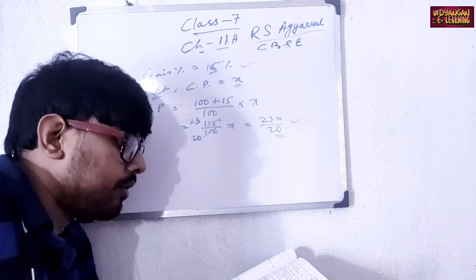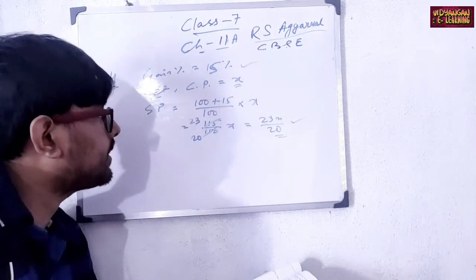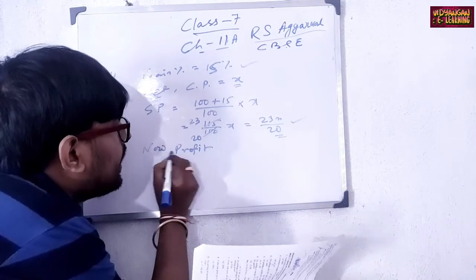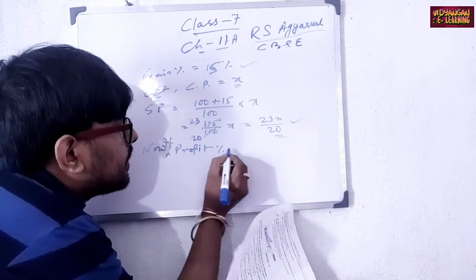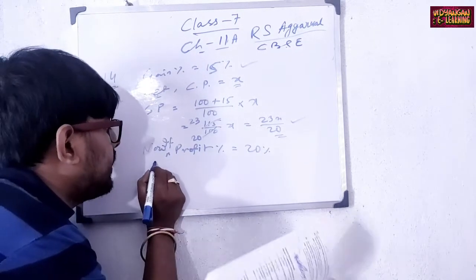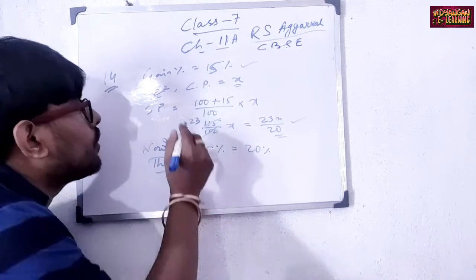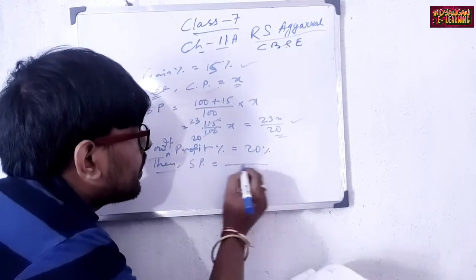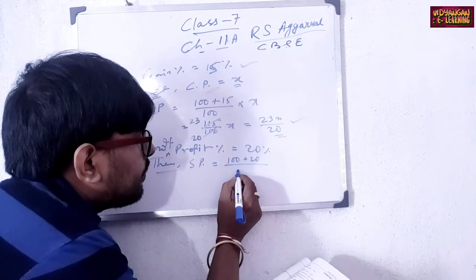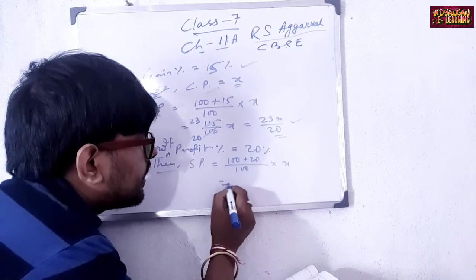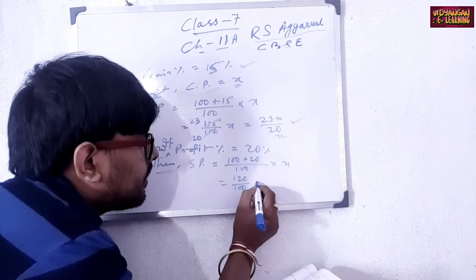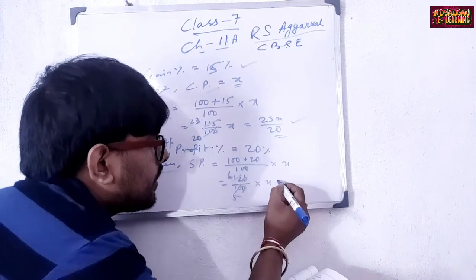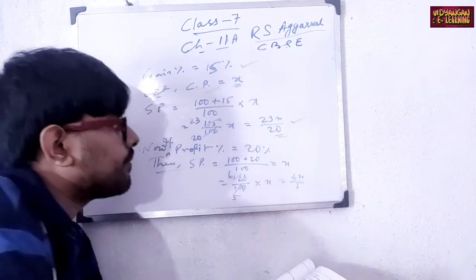Now he wants to make a profit of 20%. If profit percent is equal to 20%, the cost price will never change. Then selling price will be 100 plus 20 by 100 into X, that is 120 by 100 into X. Cancelling, we have 6x by 5.